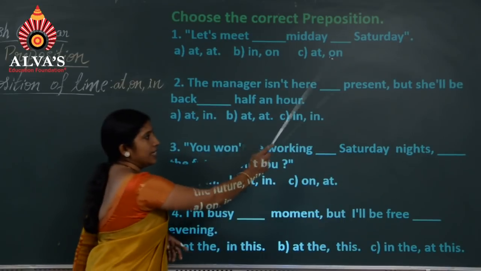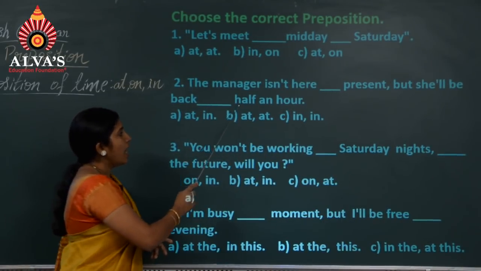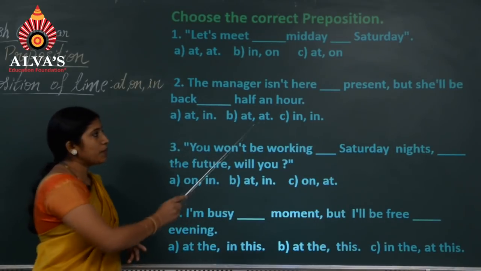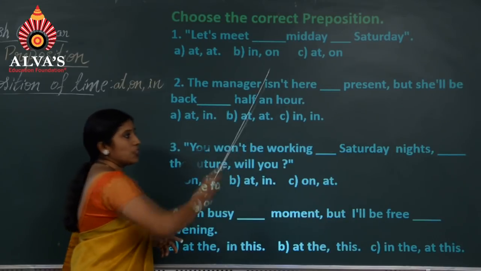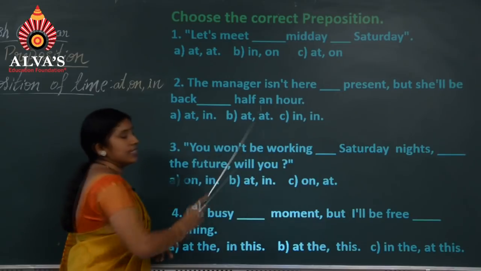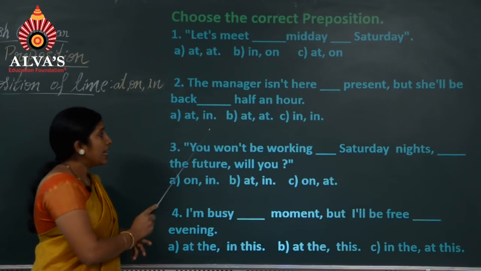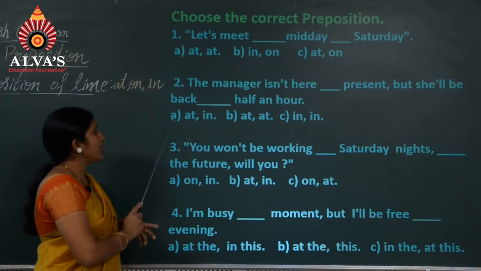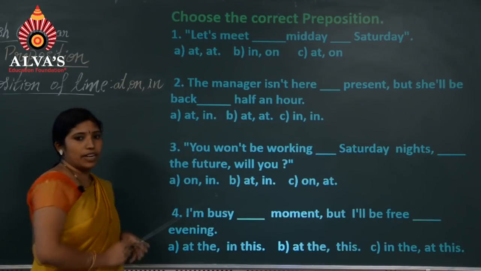Look at this word, it is present, and look at this phrase, half an hour. Which preposition suits here? It is at present. She will be back in half an hour. So, the right option is at and in. At present, in half an hour.